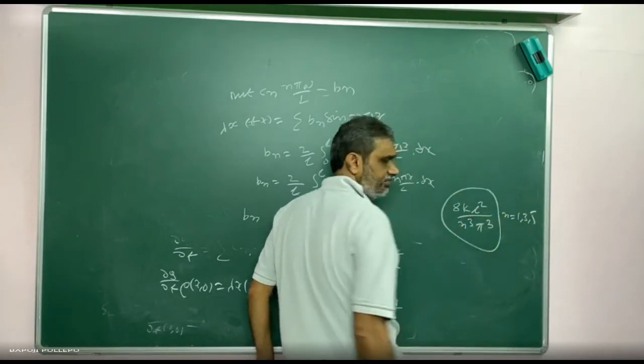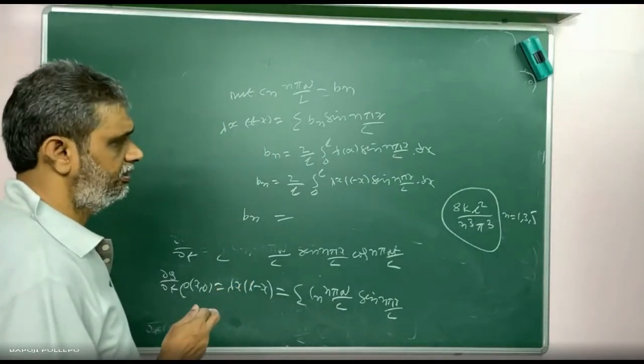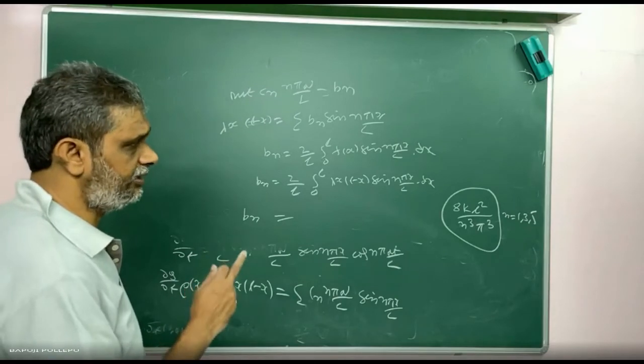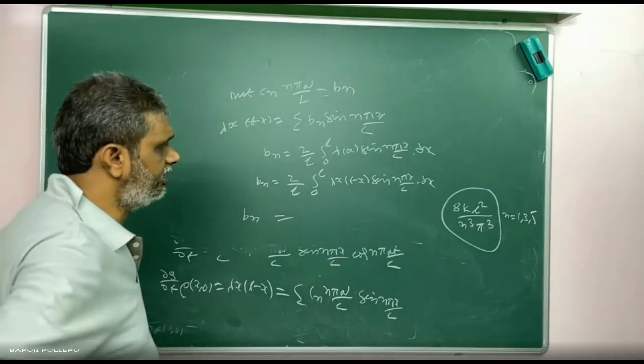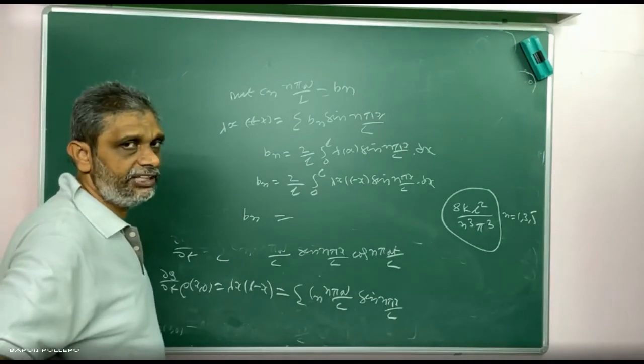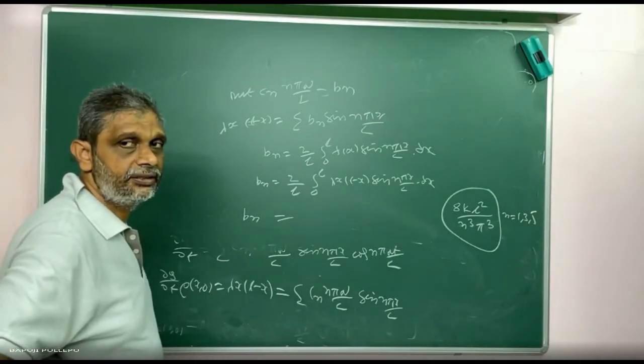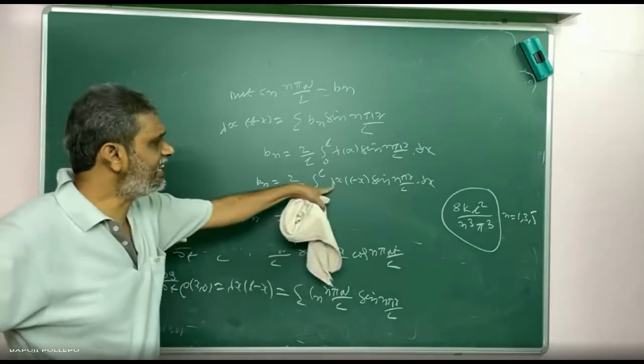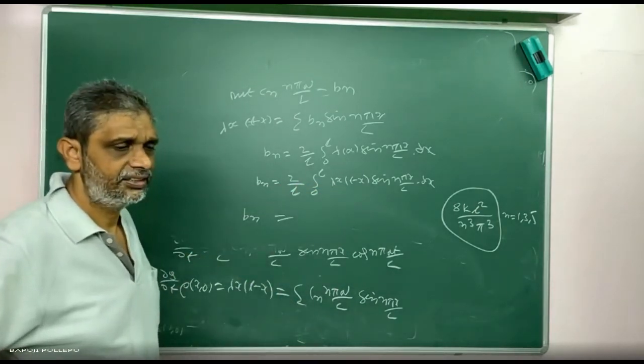Same answer now: 8k L square by n cube pi cube. Instead of k, what will I get now? Instead of k, who is there? Lambda.